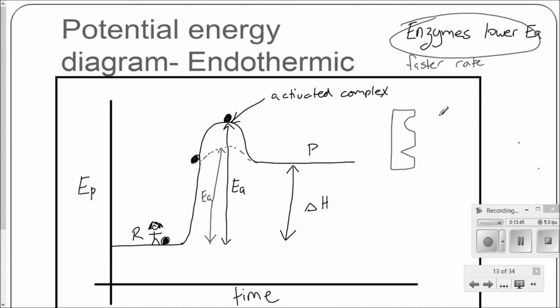So if this is reactant circle and this is reactant triangle, they will fit into our enzyme. And when they fit in there, the enzyme sometimes will change shape, or it will just allow a pocket for them to touch each other and fall in love, make a reaction. It happens much easier. Without this enzyme, or catalyst, these guys will never fall in love, okay?